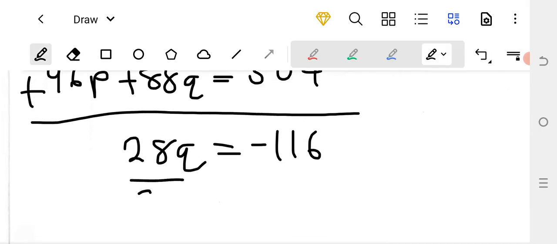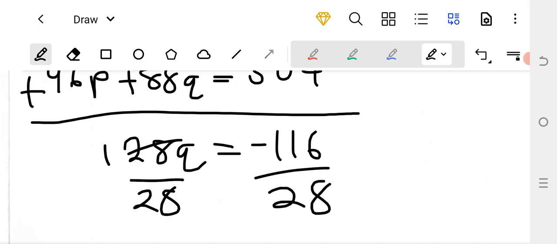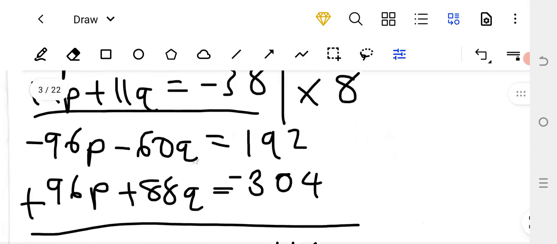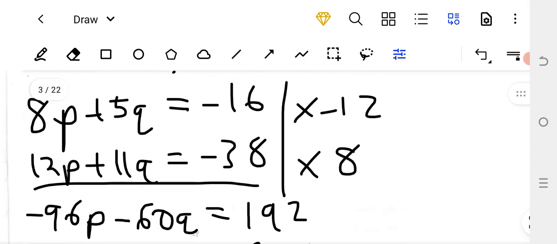Then you divide by 28, divide by 28. 28 divided by itself is 1. If you divide negative 116 by 28, you're going to have... If you type that nicely into your calculator, so you have 192 minus 304.